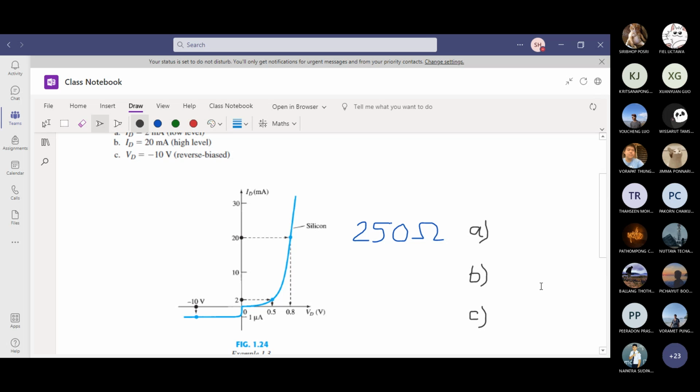Did you calculate? 40 ohms. Correct answer is 40 ohms. At 20 milliampere, 40 ohms.